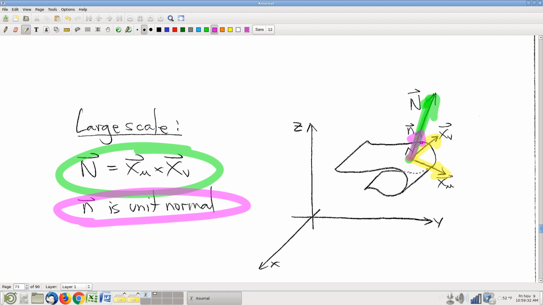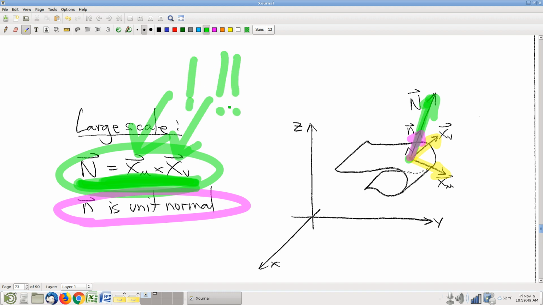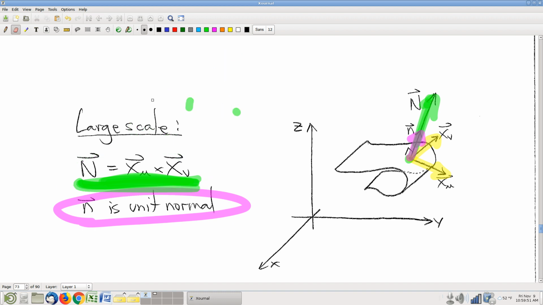Very importantly, capital N is not necessarily a unit vector. It's probably not a unit vector. The magnitude of N comes from the parameterization. You can see it right here. N comes from the parameterization. So the unit vector pointing in that direction, we're going to call little n.